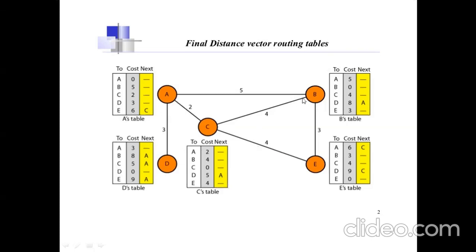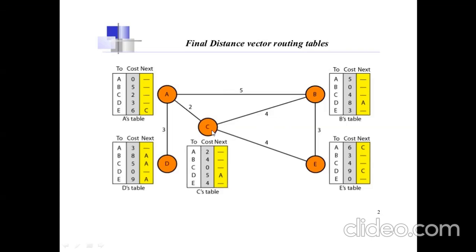Now similarly, let us take B's table. From B to A, the cost is 5. B to B has no value, so we write 0. Next is B to C, which is 4.